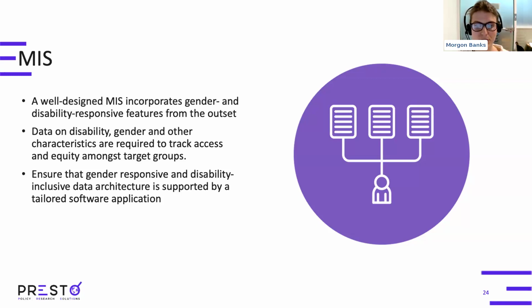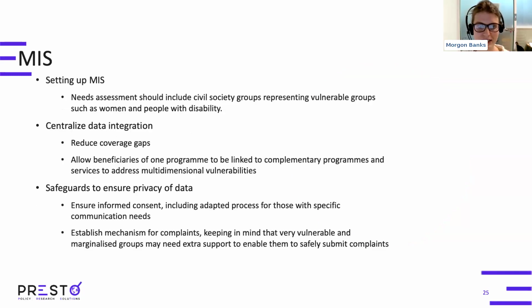And it's important to both collect this data as well as to disaggregate data by these characteristics. And there could be potentially tailored software applications, such as using dashboards with disaggregated information. Next slide, please.